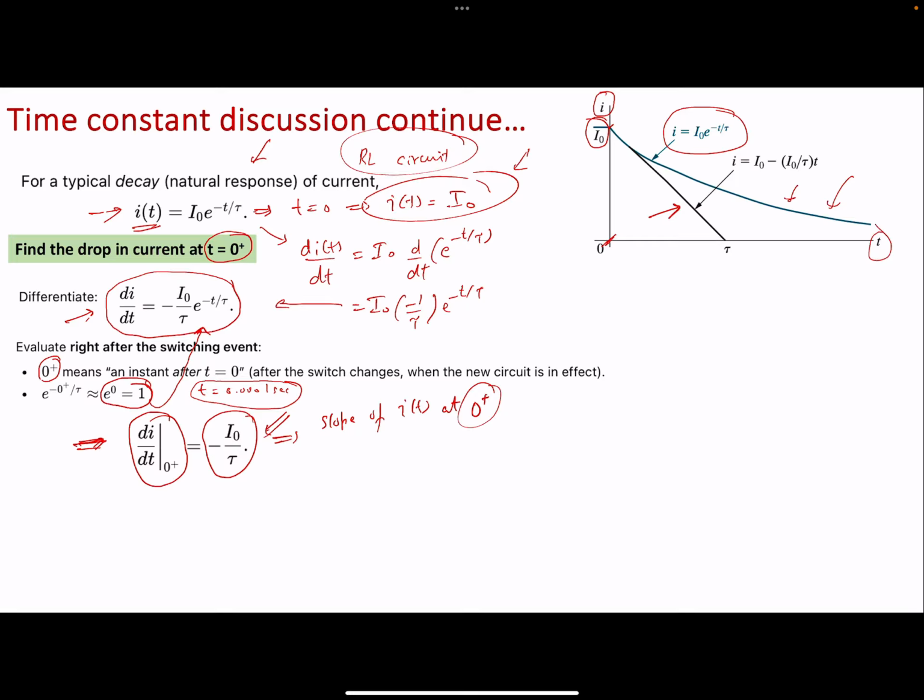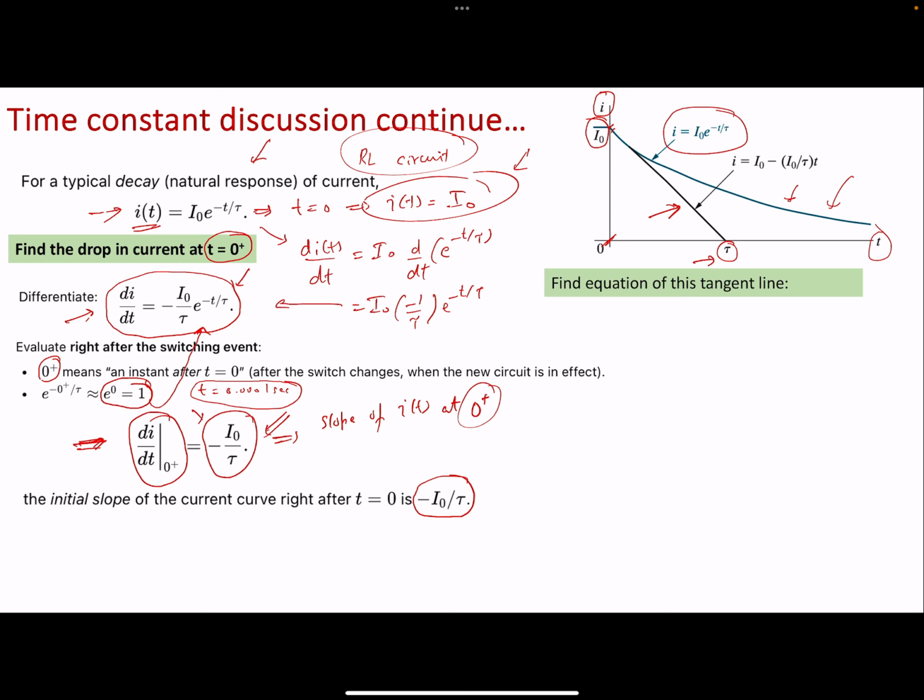Right after time t equals 0, we can draw a tangent line, and this tangent line is our black line that intersects the time axis at tau. We are going to come to this point in a second. But by now we have figured out that the rate of change of current is minus I naught over tau, e raised to the power minus t over tau, and at t equal to 0 positive, which is almost 0, it comes out to be minus I naught over tau. So the initial slope of the current curve is minus I naught over tau.